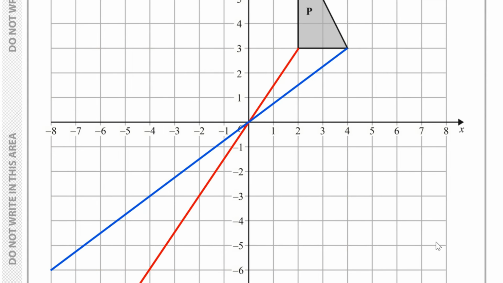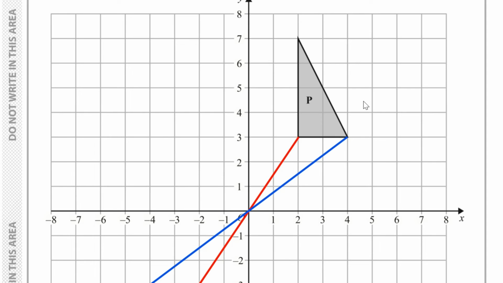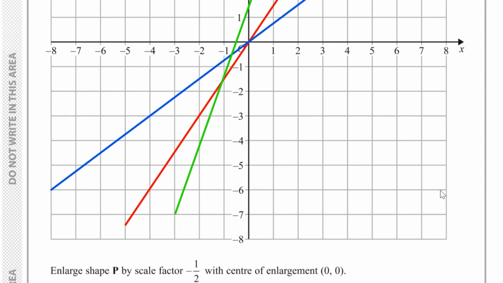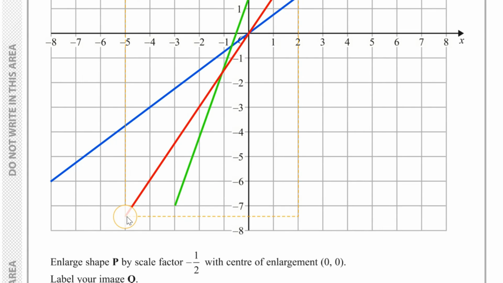And if we consider the point as we see here, you can see here we are going 2 across and 7 up. So in the opposite direction, we've also got the same thing as well. So let's correct this.